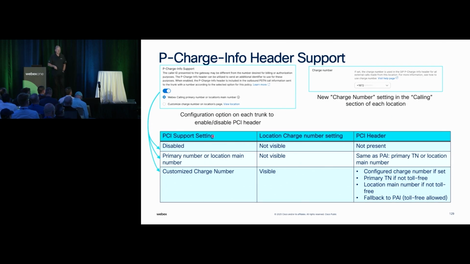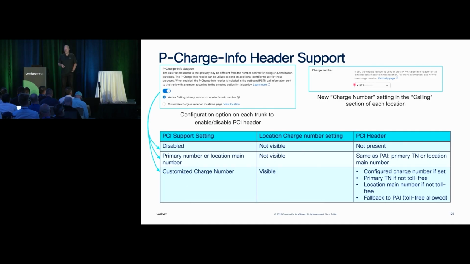If the PCI support setting on the trunk level is disabled, then it's set to primary number, which is this first one here. This charge number setting is not visible. The only scenario where you can actually manually configure a specific fixed charge number is when this location level setting is set to customized charge number, and then you can pick a number here, and this number has to be a configured number.